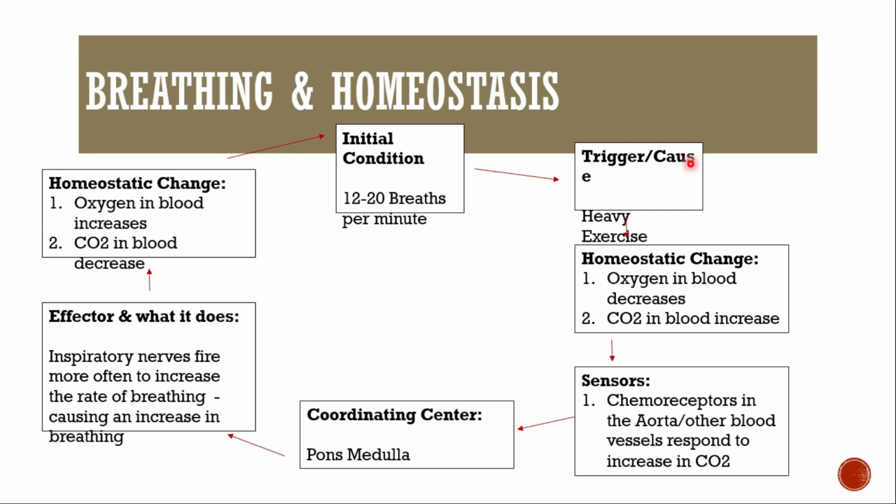So oxygen in blood decreases because more oxygen is used and carbon dioxide in blood increases, which is sensed by chemoreceptors in the aorta and other blood vessels. They coordinate with the brain control centers, the respiratory centers, pons and medulla oblongata, and the inspiratory nerves fire more often to increase the rate of breathing.